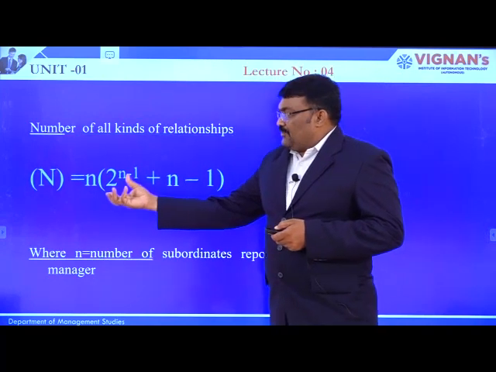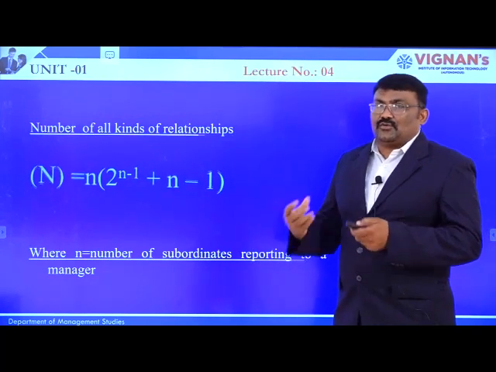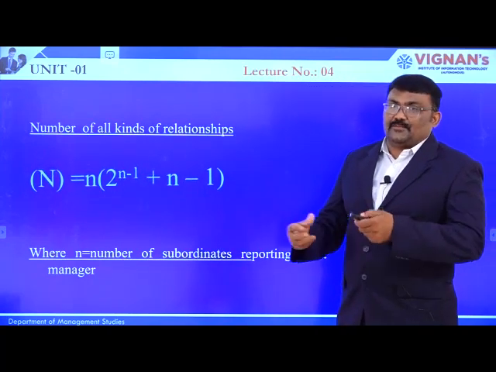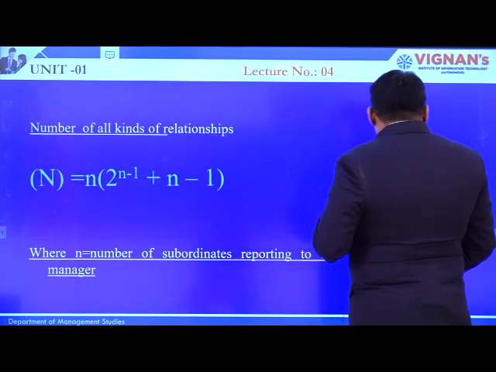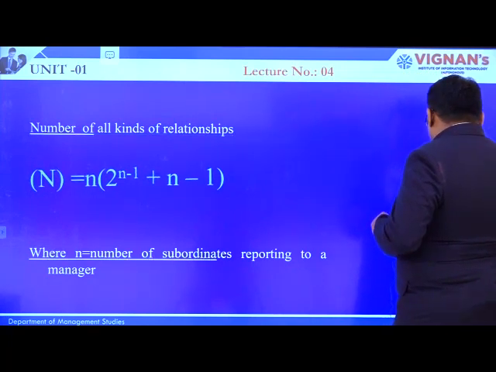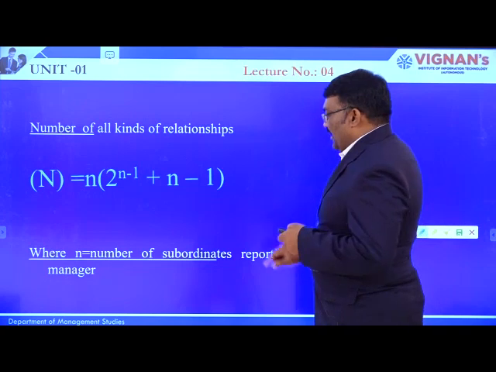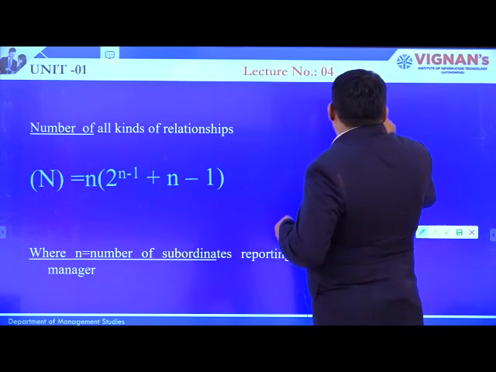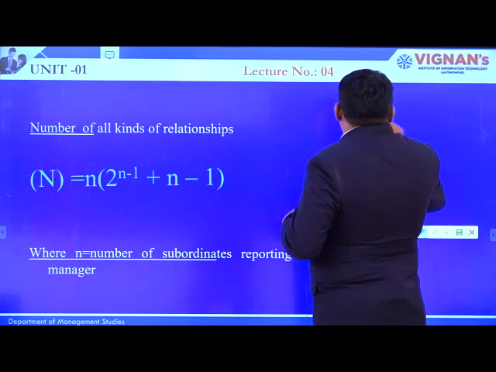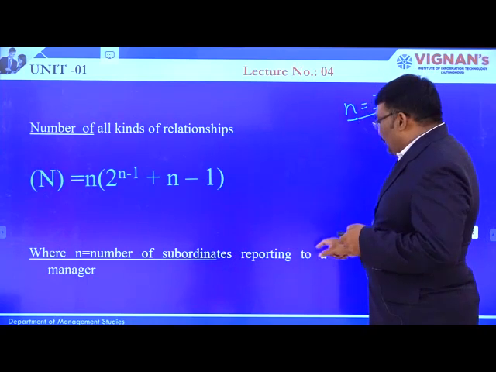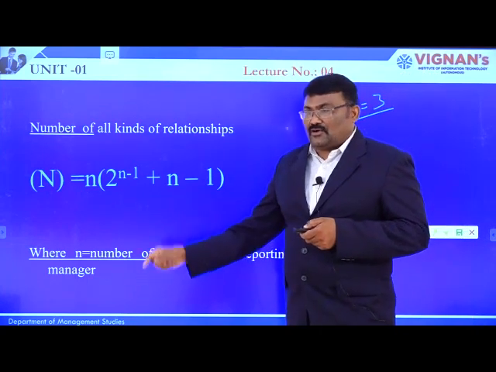Now, if we try to calculate the number of relationships, say for example there are normally 3 subordinates. We will take small n equal to 3, which is the number of subordinates reporting to a manager.